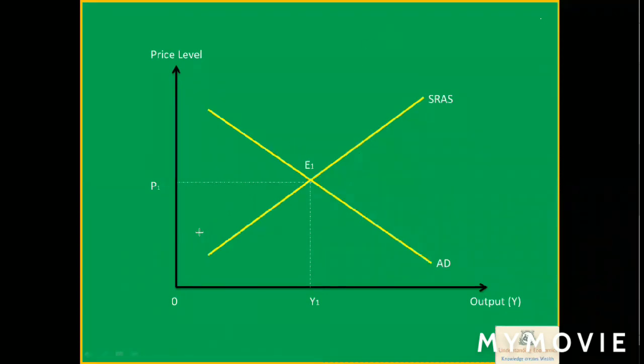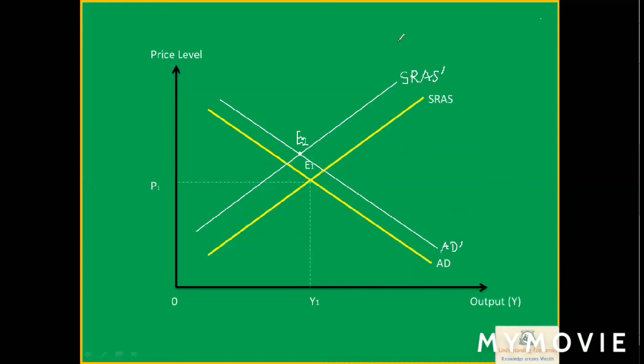We will check that our aggregate supply curve has changed relatively more than the aggregate demand curve. So if we consider this scenario, then this is our new aggregate demand curve, and this is our new aggregate supply curve, and our new equilibrium will be achieved at point E2.